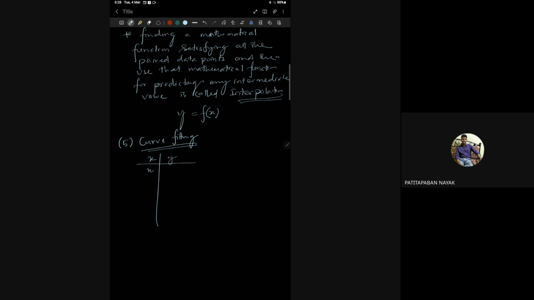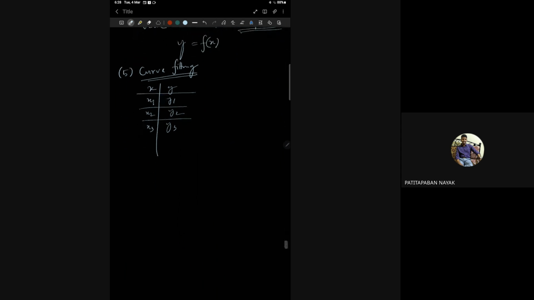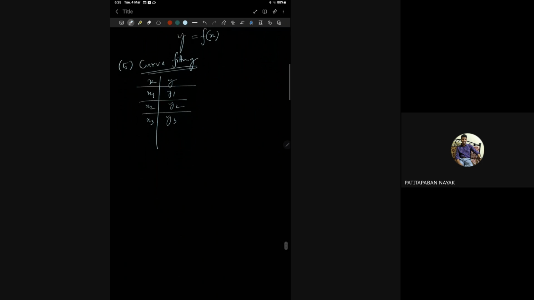So you have some x1 value, for that you have y1. For x2, you have y2. For x3, you have y3, like this. If I give an example, let us say we have a simple pendulum experiment.